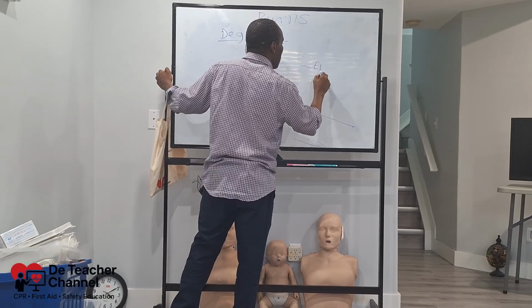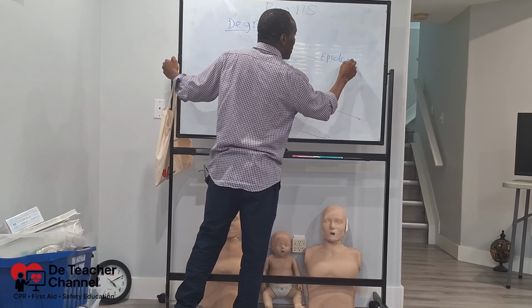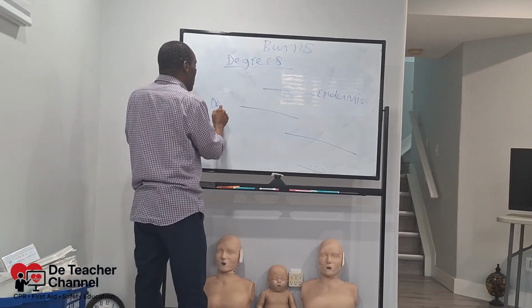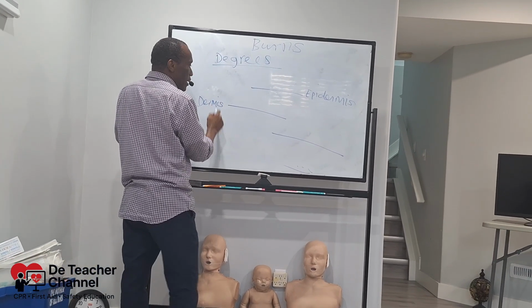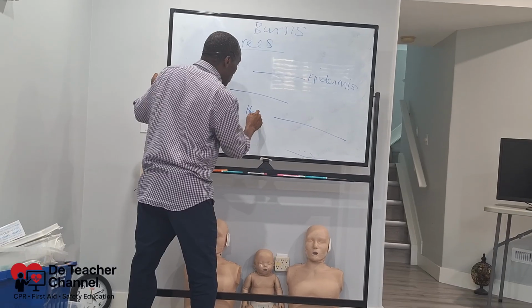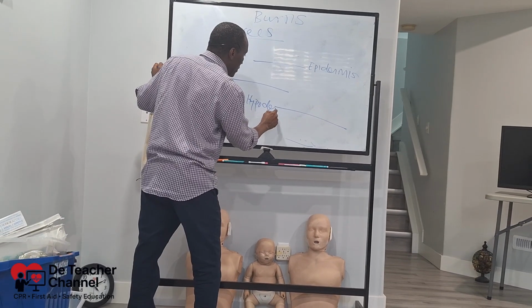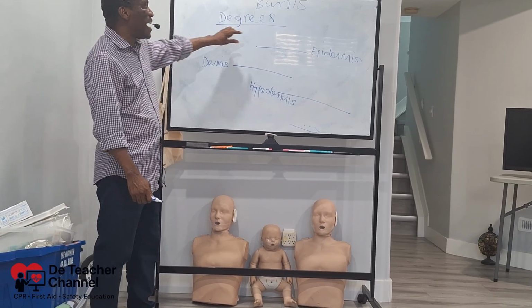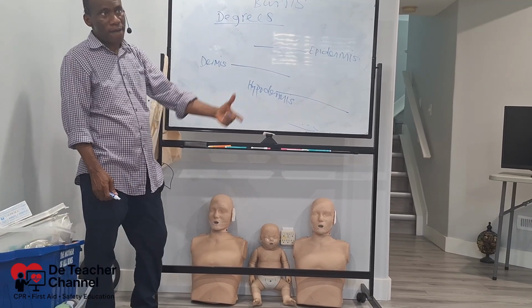This is the epidermis, this is the dermis, and this is the hypodermis, which is the innermost layer of the skin. This is the outermost, the one you see.